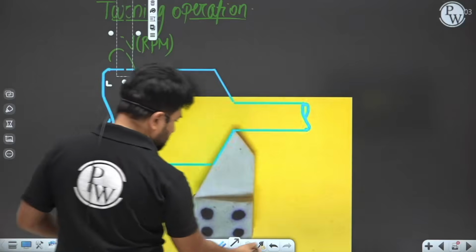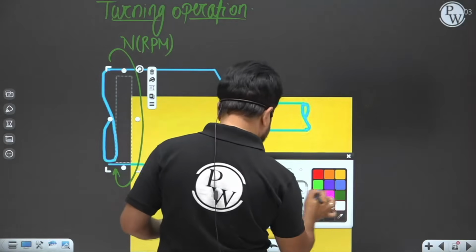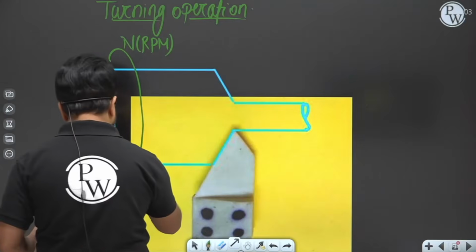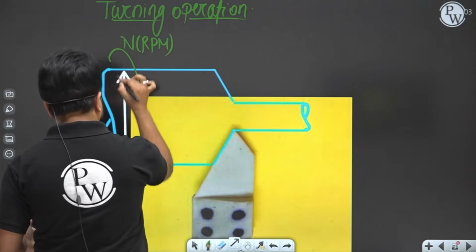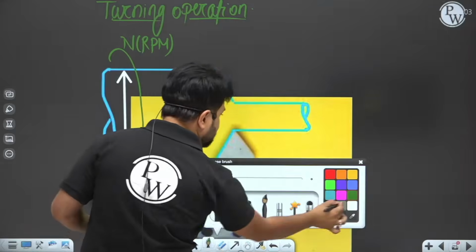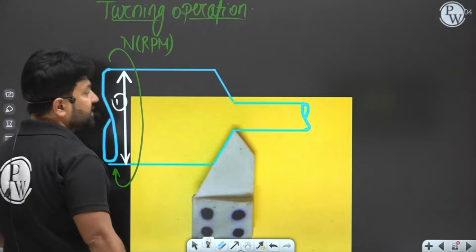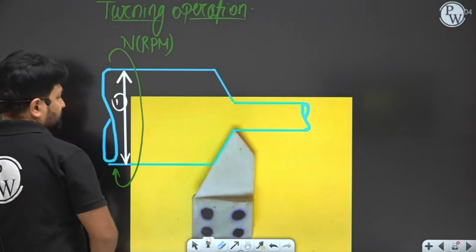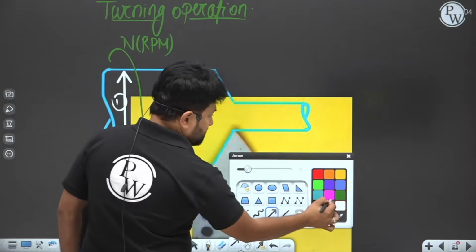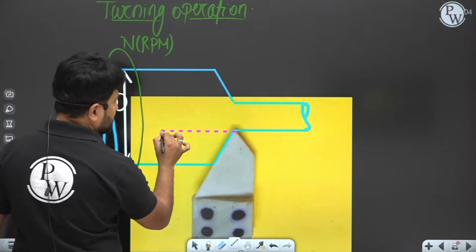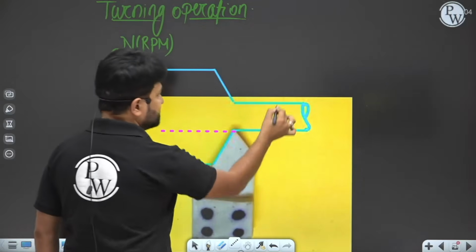This is the diameter D. Now here, this is the machined surface.